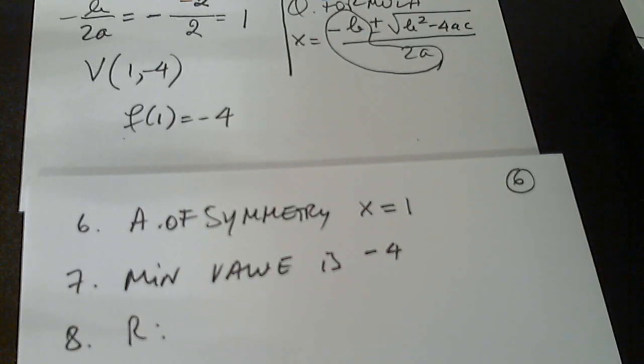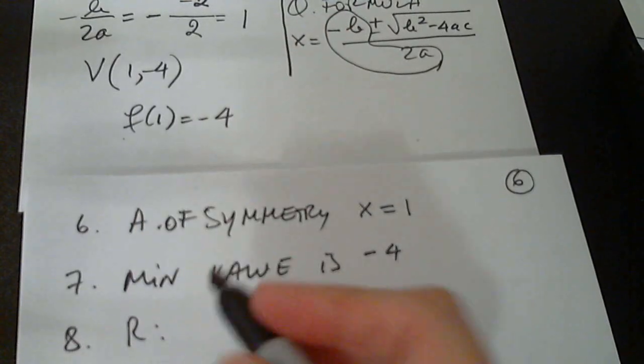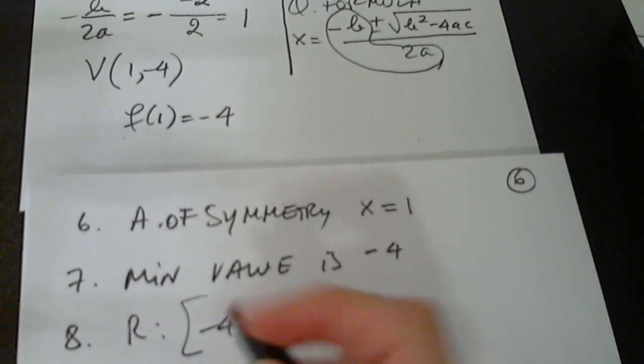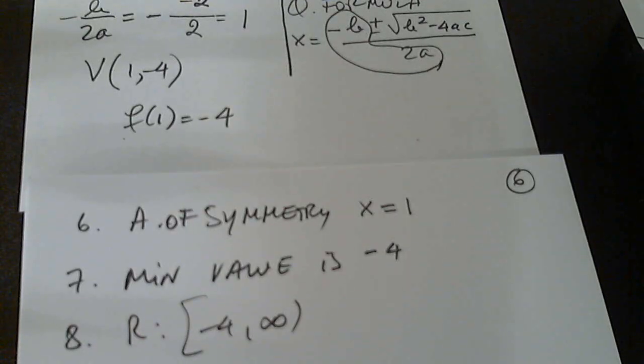What do you think? If it's not clear, we'll graph it first. Negative 4 to infinity. That's it. Indeed, very good. Excellent.